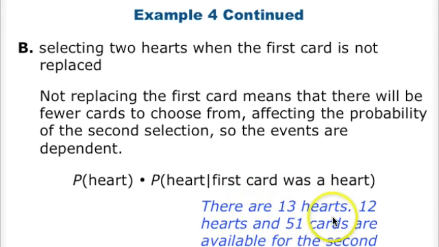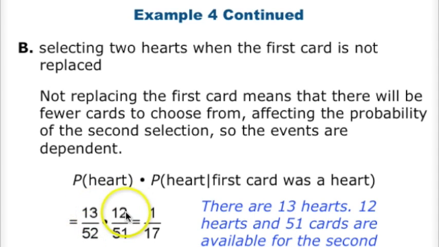There are 13 hearts. 12 hearts and 51 cards are available for the second selection. So the first time there were 13 hearts in there and 52 cards total, but the second time you only have 12 hearts left and 51 total cards. So multiplying straight across the bottom and top gives us 1 out of 17 for our probability.